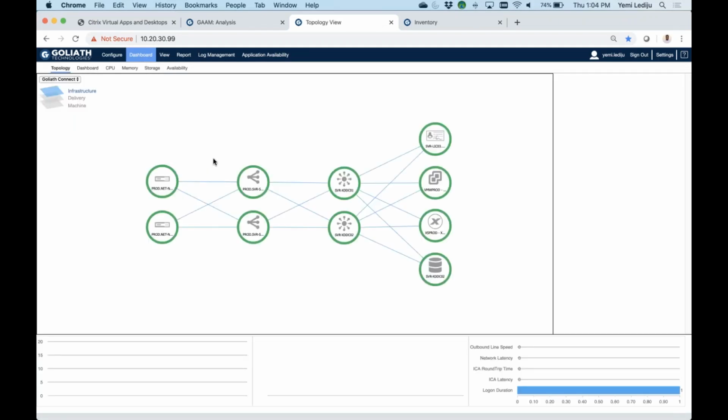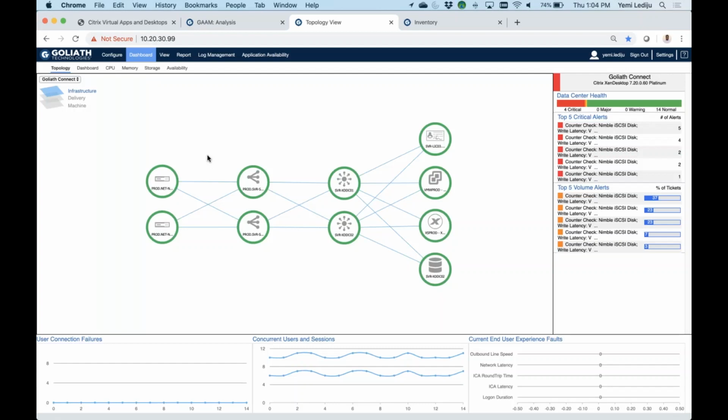And this, as the name implies, will automatically map out the entire delivery infrastructure, showing you how components are connected to each other, where issues are taking place, and how it's able to show you exactly where issues are taking place is because of the embedded intelligence and specifically the monitoring rules that we apply to your environment. So we're monitoring for different thresholds, conditions, and failure points that, if not taken care of, could actually cause issues.